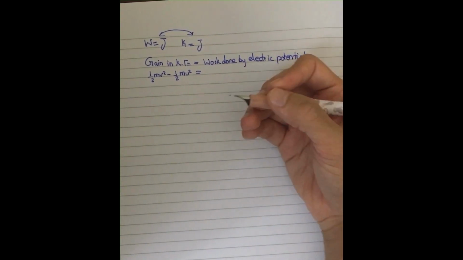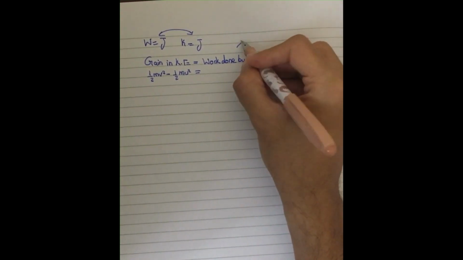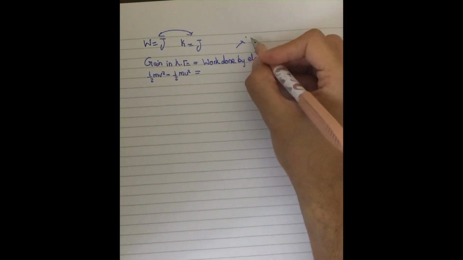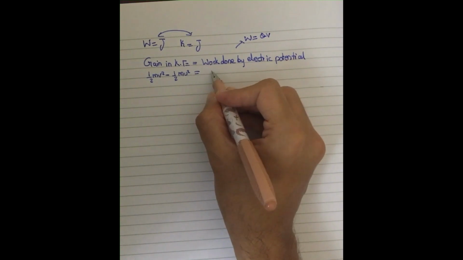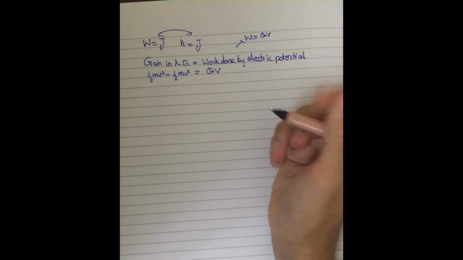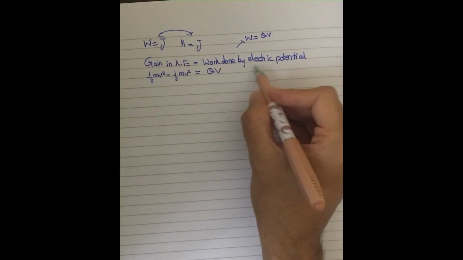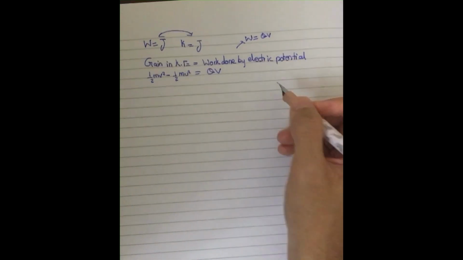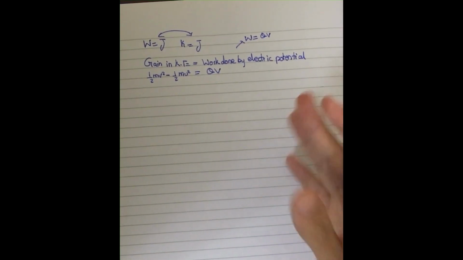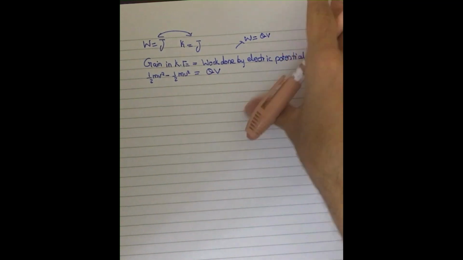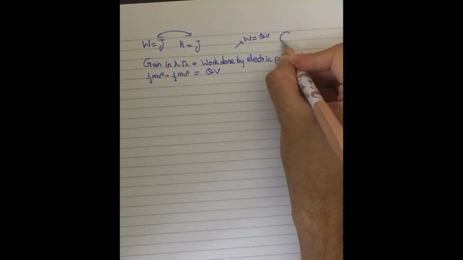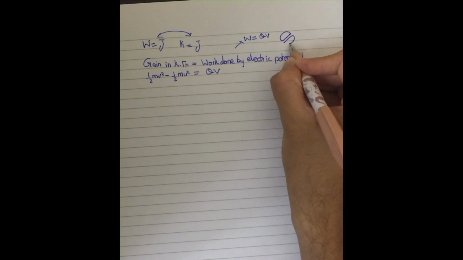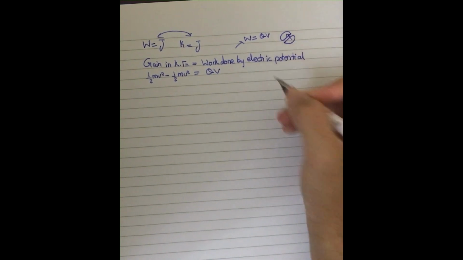And I know the work done formula, W equals QV, so I'm going to use this as QV. This tells me how much work was done when the electric potential was helping them cross across the D's.